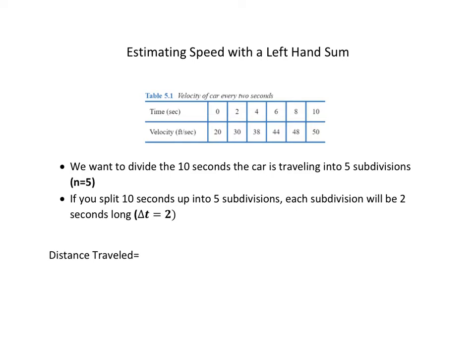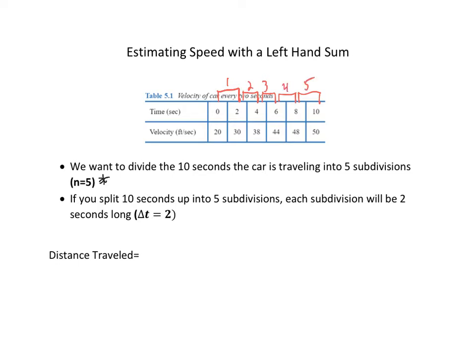So what we want to do is we're going to divide the 10 seconds the car is traveling into 5 subdivisions. Or we call this n equals 5. It's how many places we're going to split this up into. In other words, we're going to look at how far the distance traveled from 0 to 2 seconds, from 2 to 4, 4 to 6, 6 to 8, and 8 to 10. 1, 2, 3, 4, 5 different subdivisions.